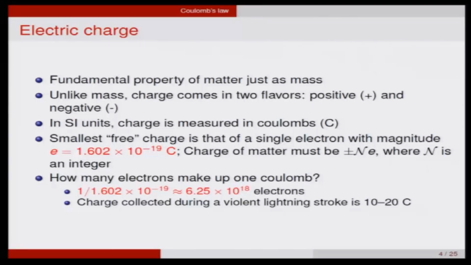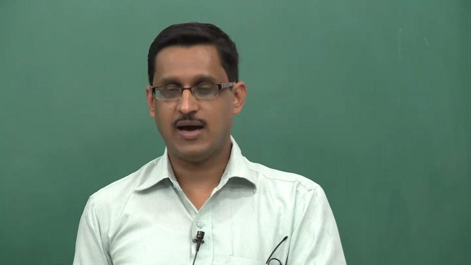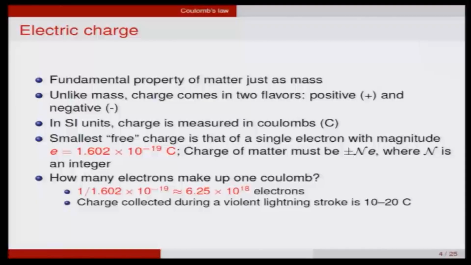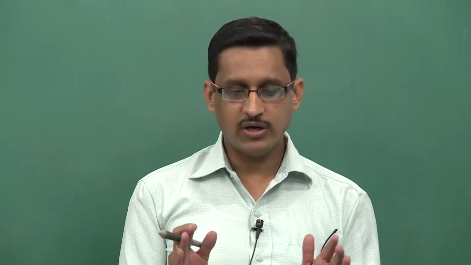The first item on the right hand side upon which the force was dependent was electric charge. Now, what is an electric charge? An electric charge is a fundamental property of matter, just as mass. Now, when you talk of mass, you can have only one type of mass, right, whereas charge comes in two flavors. It could be positive or it could be negative, and these are the only two types of charge that one can have.